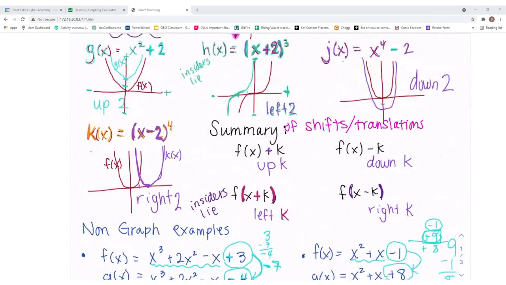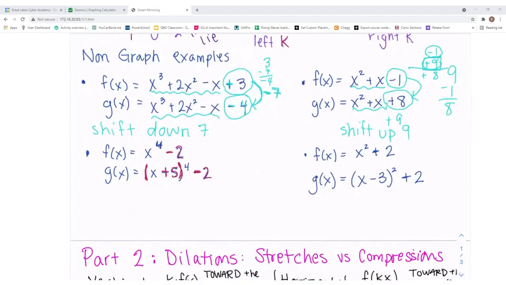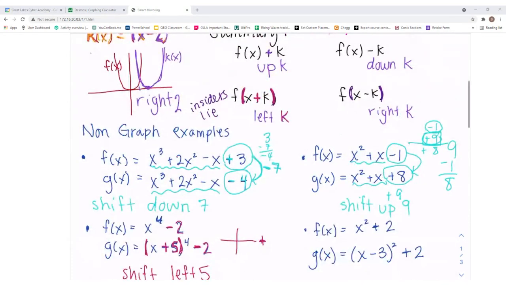So right here, if I have a plus 5, what would it go? It would be left 5. Because normally the x-axis, like this is plus, so normally you would go positive 5, but because it's the horizontal one, and horizontal, we said that insiders lie, we have to do the opposite of the positive direction, which is the negative direction, and that's why we would say left 5.